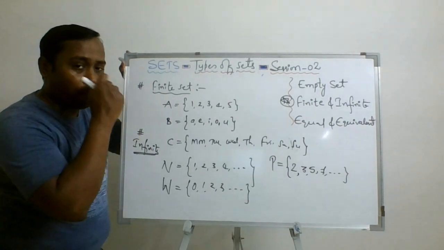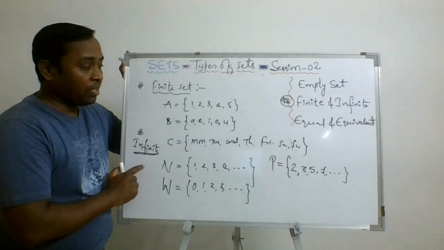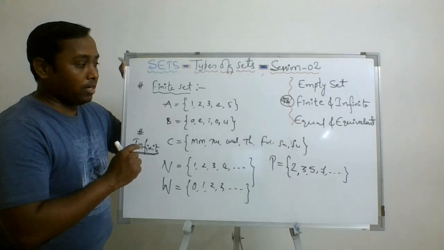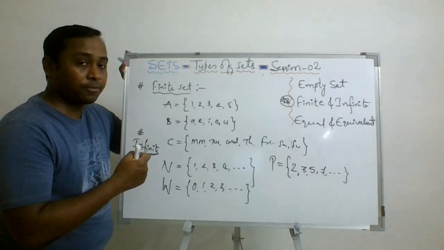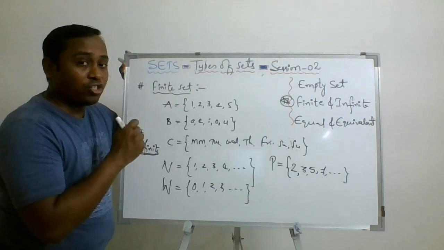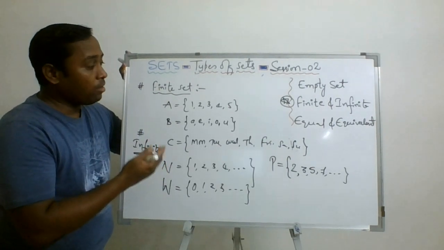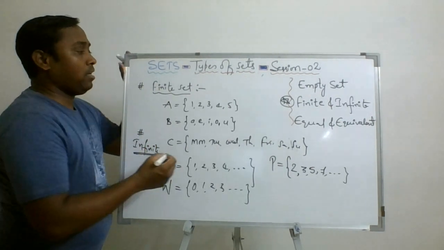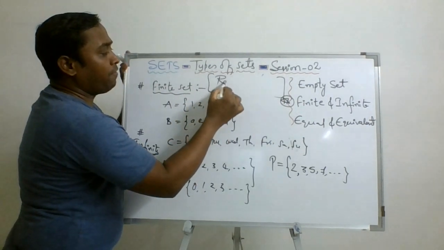But the important point again: while writing a set, it is not always possible to write every set in roster form. We are not able to write each and every set in a listed form. Why? Because of, for example, the set of real numbers.